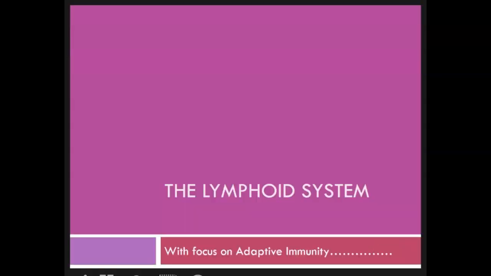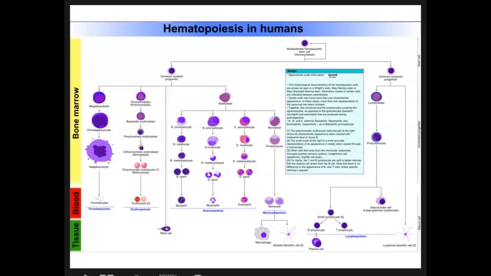Okay, now we're going to get into the lymphoid system, and we're focusing on the adaptive immune system now. I wanted to show you this picture of hematopoiesis because we mentioned this briefly in an earlier lecture. Hematopoiesis is just the process by which blood cells, red blood cells and white blood cells, develop from a hematopoietic stem cell.